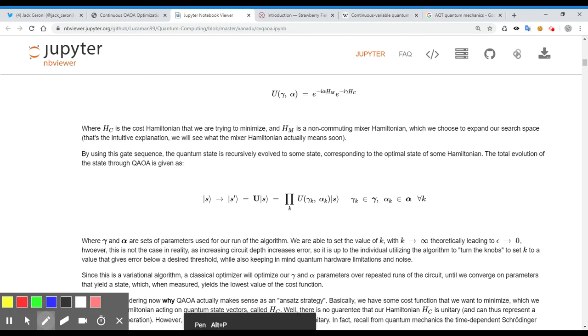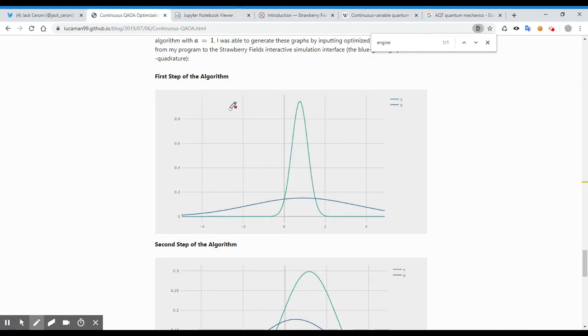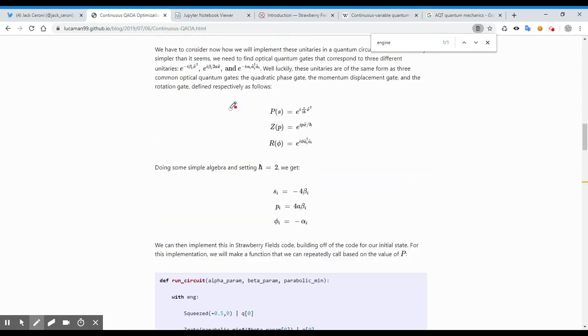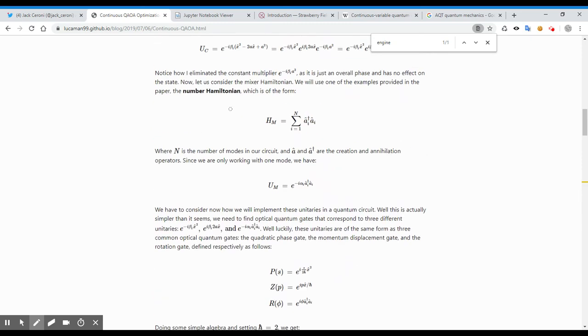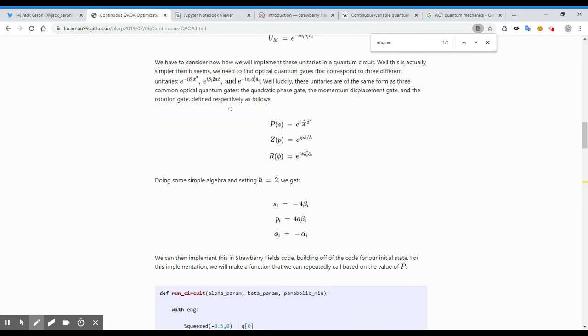But here, when Jack talks about how to transform that into a CV quantum computing circuit, he just goes, oh yeah, we've got those operations which basically can be expressed in a really similar way. So you just, that's it, right? Mathematically straightforward, but intuitively there's something that I feel is missing for me, at least.